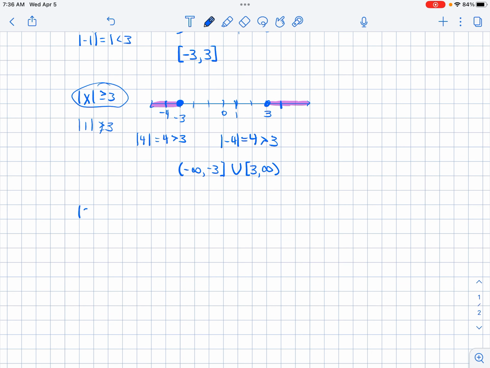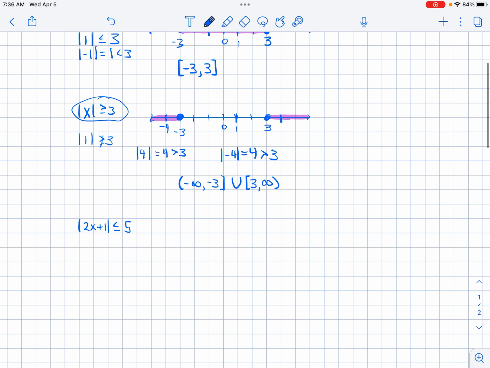But let's just see here. Let's suppose that we've got the absolute value of 2x plus 1 is less than or equal to 5. Okay? And then let's look at a similar one, the absolute value of 2x plus 1 greater than or equal to 5. And let's look at the two approaches that we would use here. So this one, the inequality is pointing at the absolute value. So here's the way we do this.